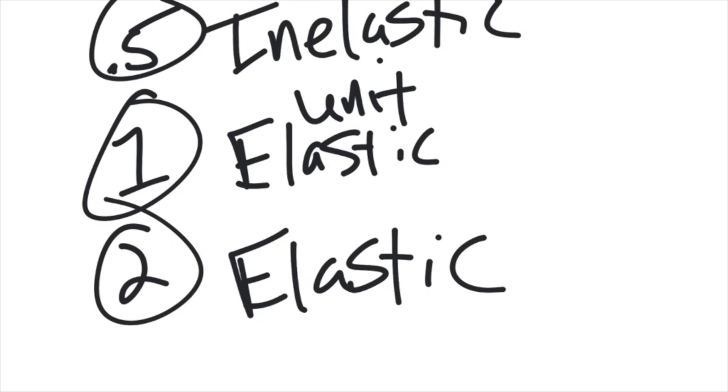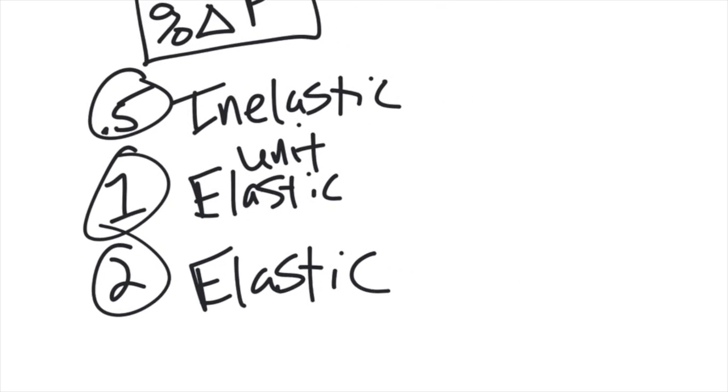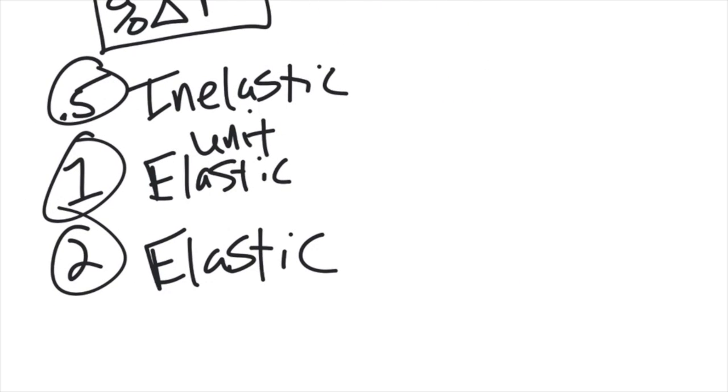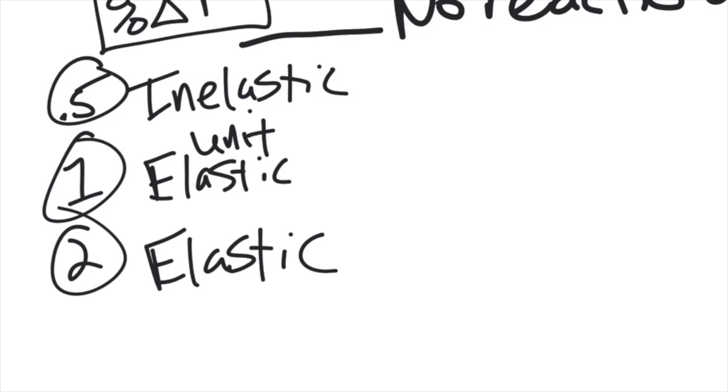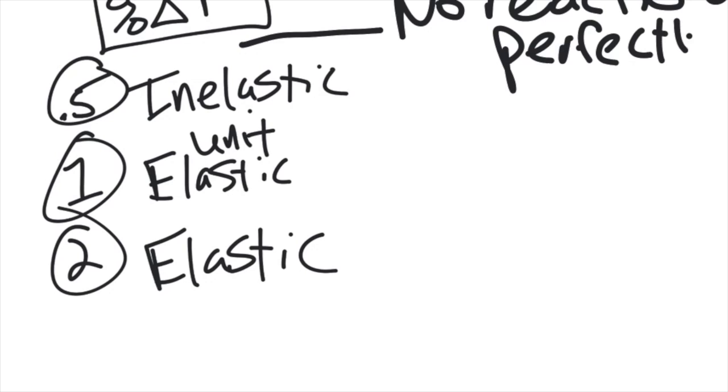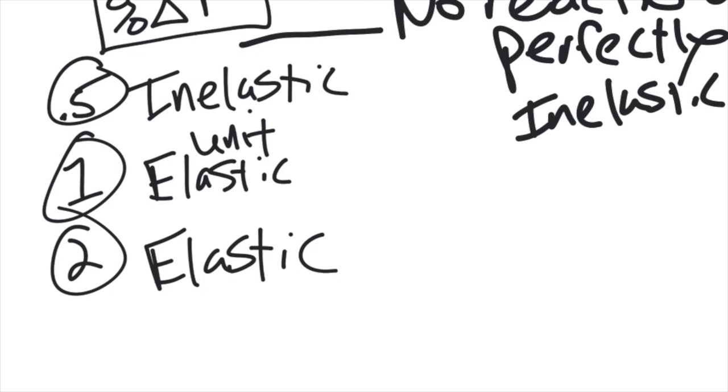And then from there, we actually went to the two extremes, whereas if we had no reaction, right? So no reaction to a price change, we called perfectly inelastic. Right? And if we had a complete reaction, or the quantity could change infinitely and the price doesn't change at all, right?